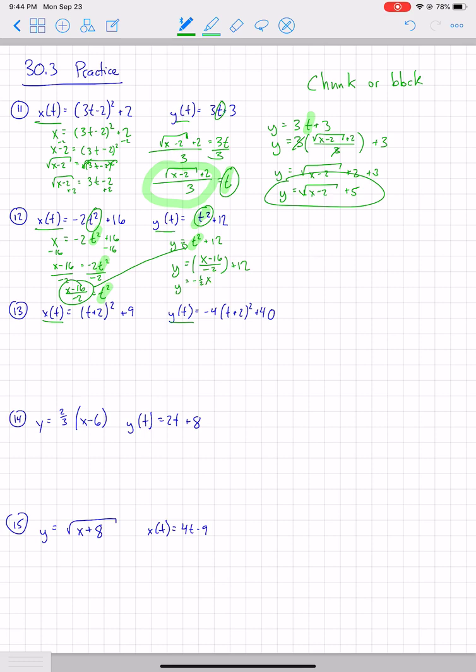Negative 16 divided by negative 2 is positive 8, plus 12. So we get y is equal to negative 1/2 x plus 20. So that is our rectangular function for number 12. Number 13, we're even so much more lucky here because our chunks are so much more elaborate.